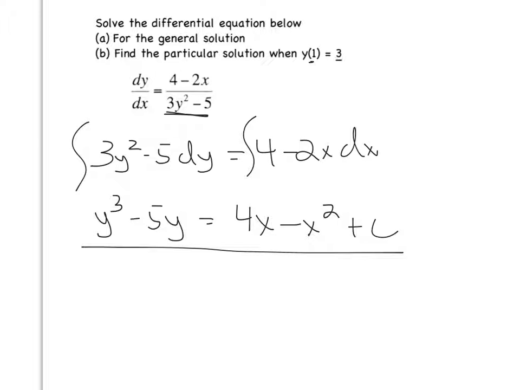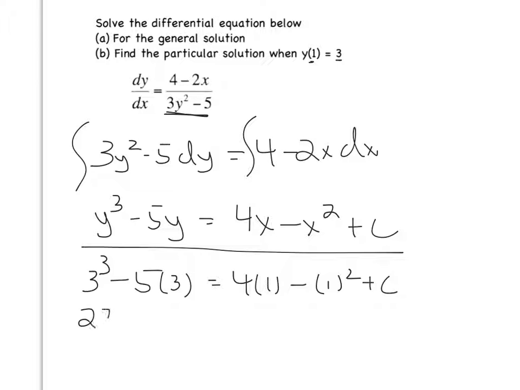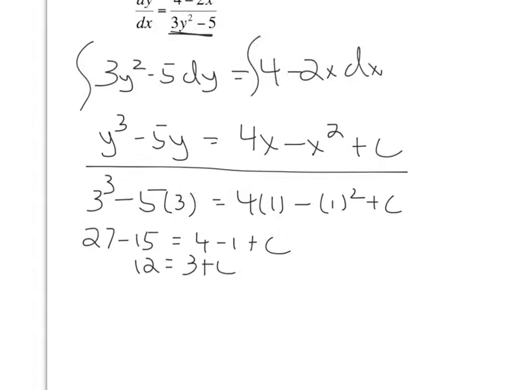I fill in 1 for x and 3 for y. So then I end up with 27 minus 15 equals 4 minus 1 plus c. 27 minus 15 would give me 12. So then you end up with 12 equals 3 plus c, which means that c is 9.